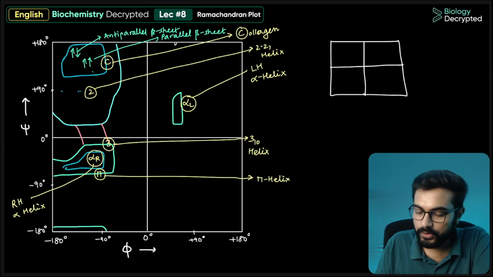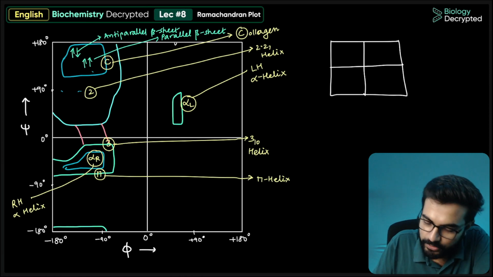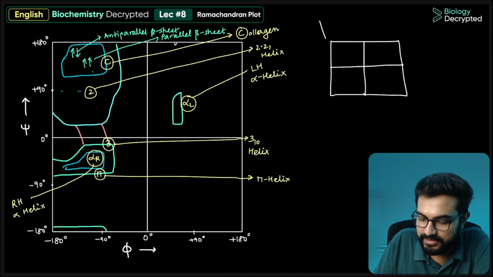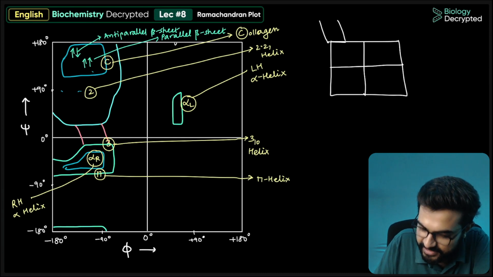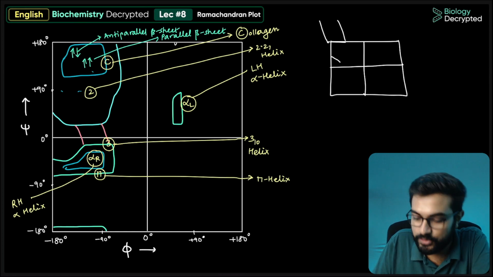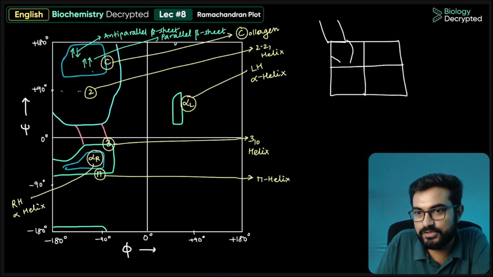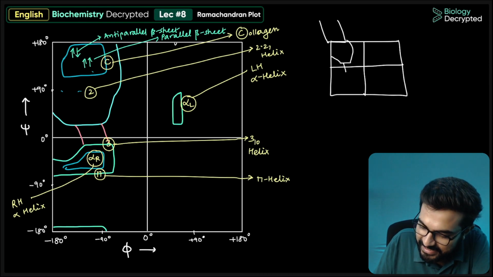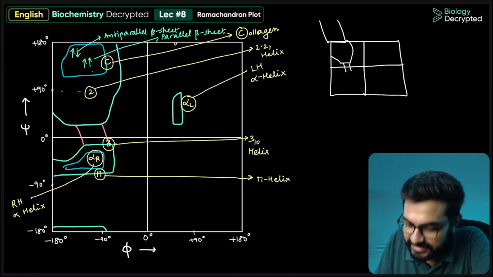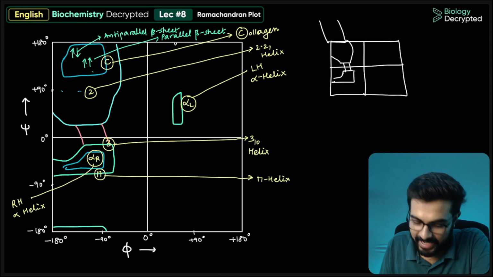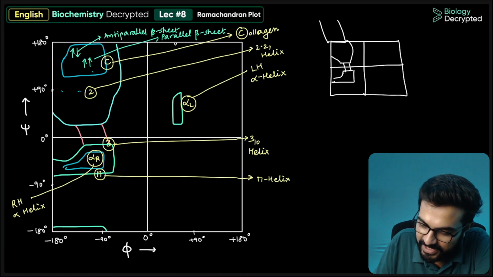Now what we'll do here is try to imagine a person like this, a person who has his waist here. This person is wearing a dhoti, and this is his dhoti like this. This is his leg, and this is his shoe, and you can keep on comparing.